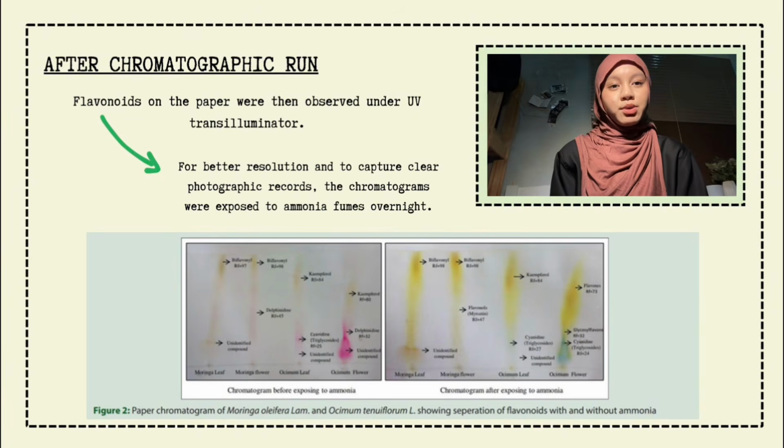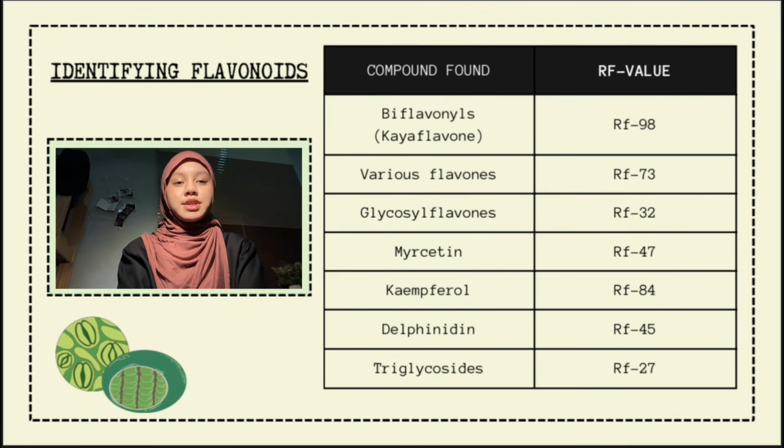Based on these visible separations and their calculated RF values, the researchers were able to identify several key flavonoids in the plant extracts. For instance, in both moringa and ocimum, they successfully identified biflavonols like amentoflavone with an RF of 98, various flavones RF 73, glycosylflavones RF 32, and important flavonols such as myricetin RF 47 and kaempferol RF 84.